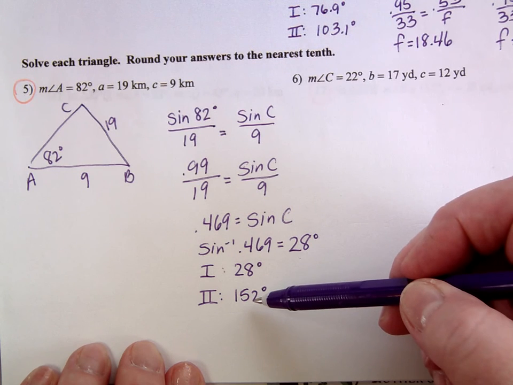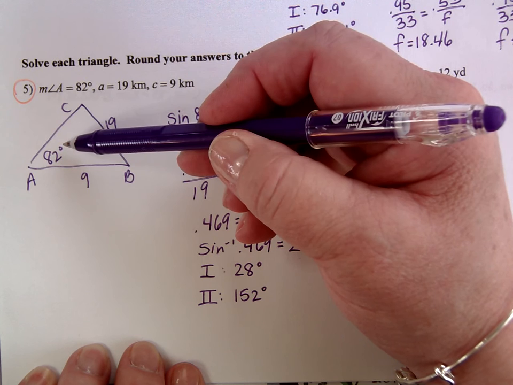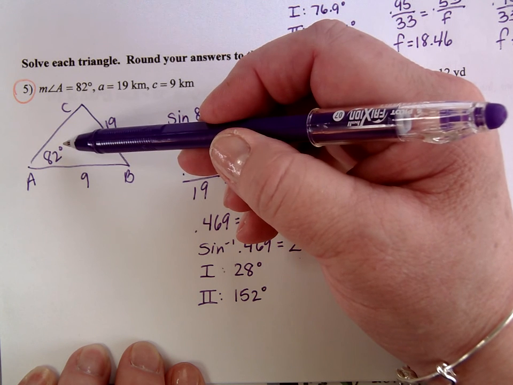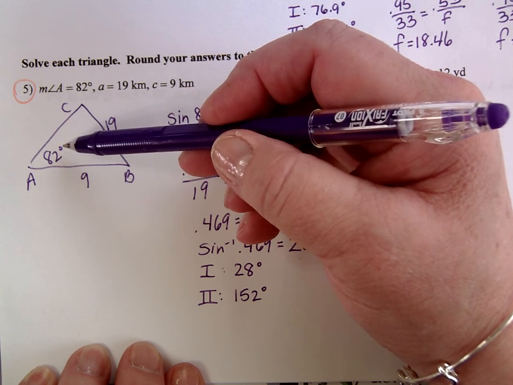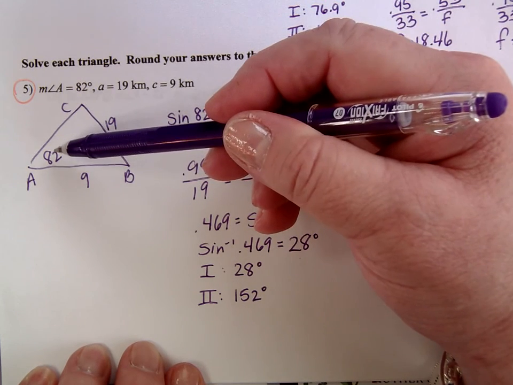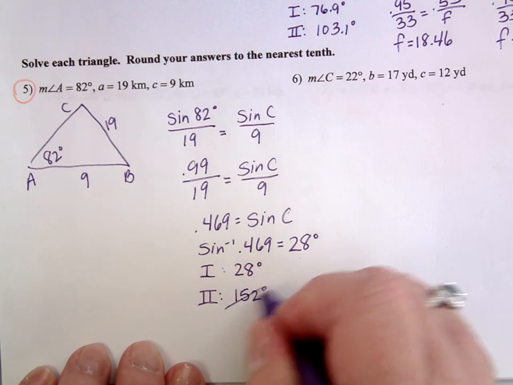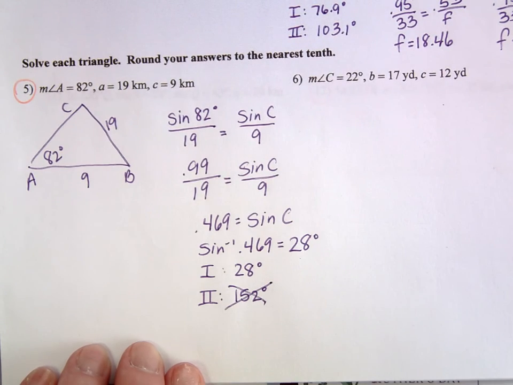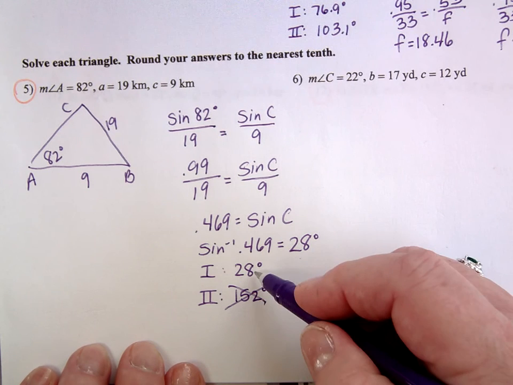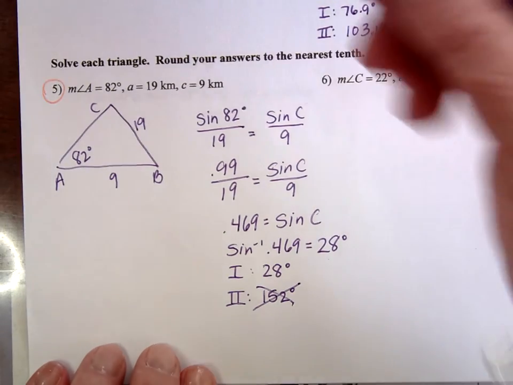If I have 28 degrees plus 82 degrees, I'm at 110 degrees, and so that means that I've got plenty of room for a third angle. If I'm at 152 degrees and I add 82 onto it, now I'm at 232 or 234. That's way too big. So this one I can eliminate. This is not a case 2 situation. This is just one case.